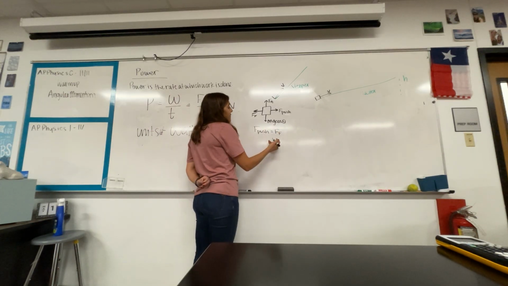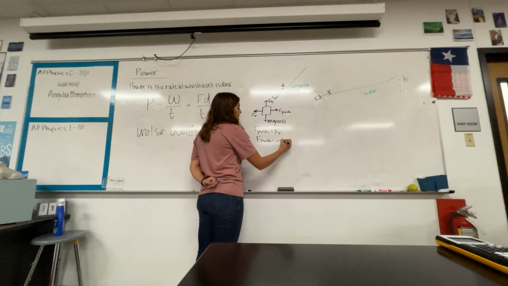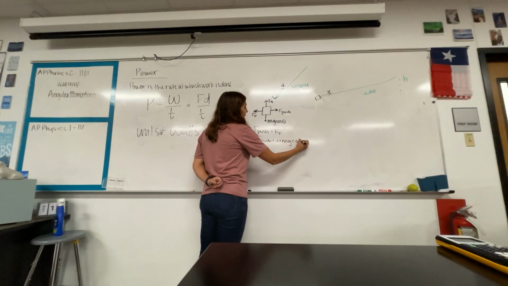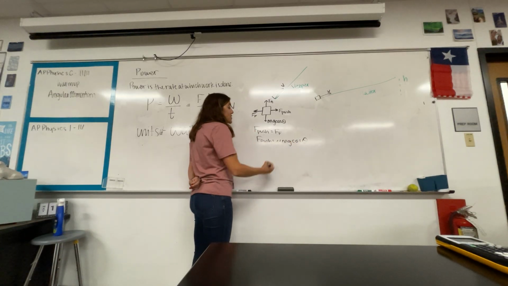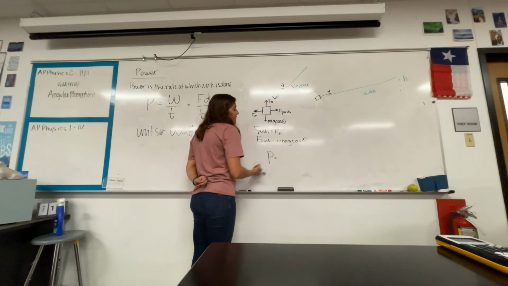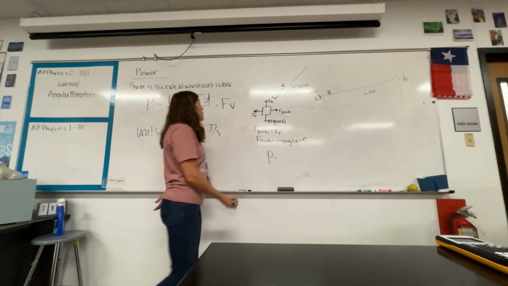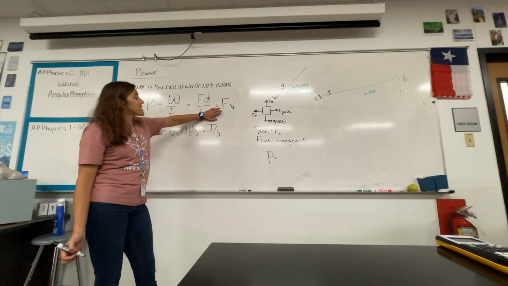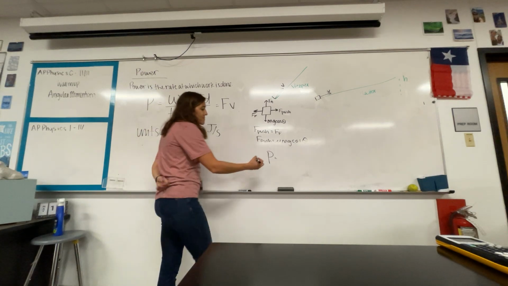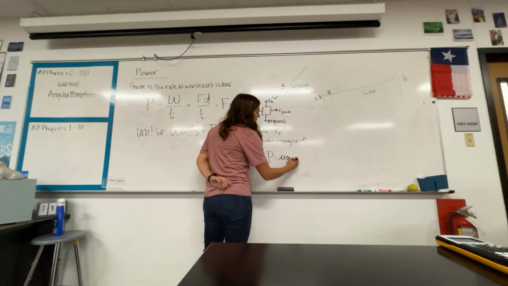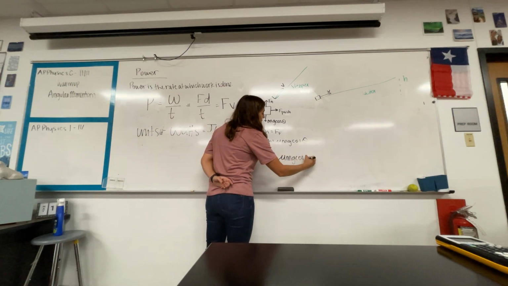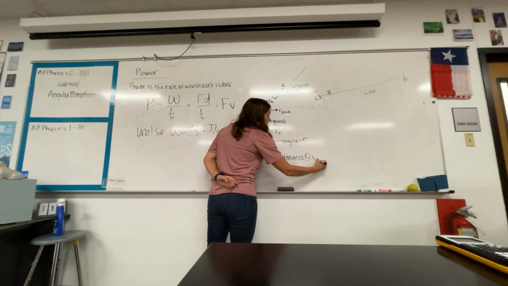So that means my force of push must be equal to mu mg cosine theta. So the power it's going to take for me to push this up is equal to force times velocity. So my force is mu mg cosine theta, and my velocity is v.